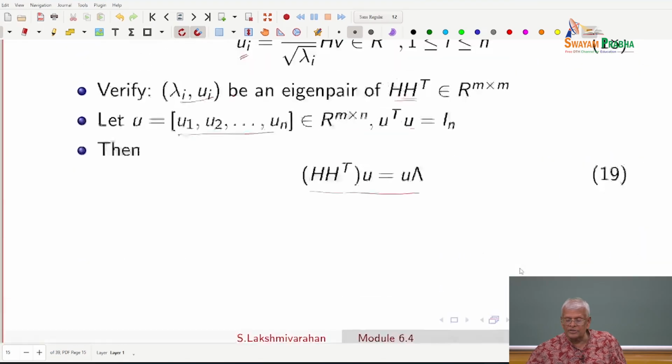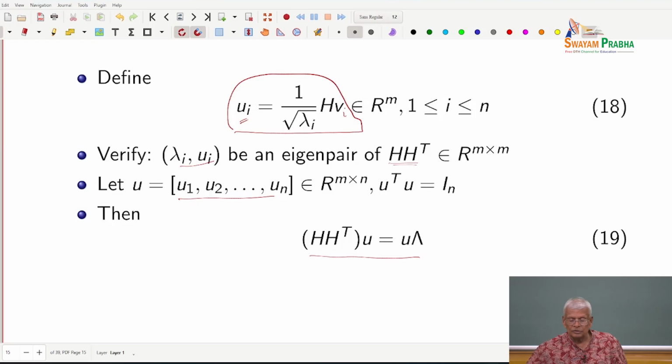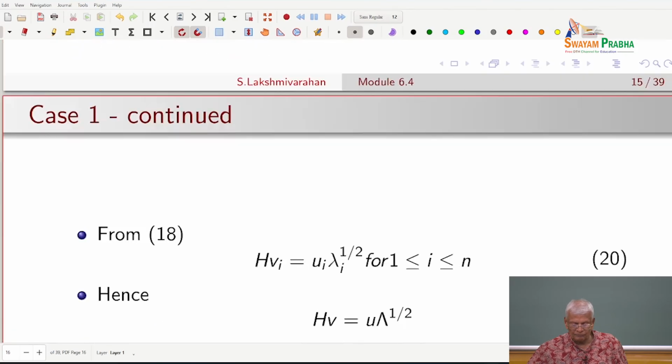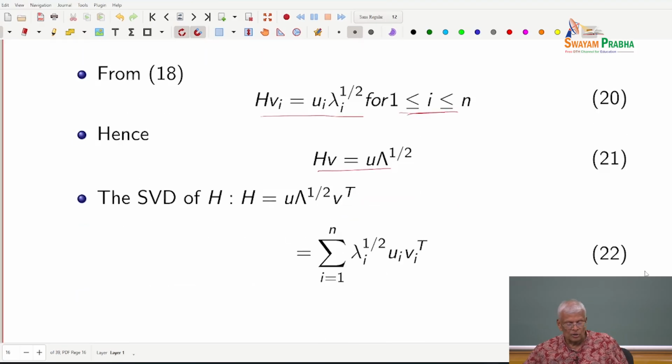So from the relation 18, look at this now. Relation 18 is the one that relates Ui to Vi. Therefore, H Vi is equal to Ui lambda to the power half, this is component wise, and this is the matrix wise. So the SVD of H is essentially U lambda to the power half V transpose.